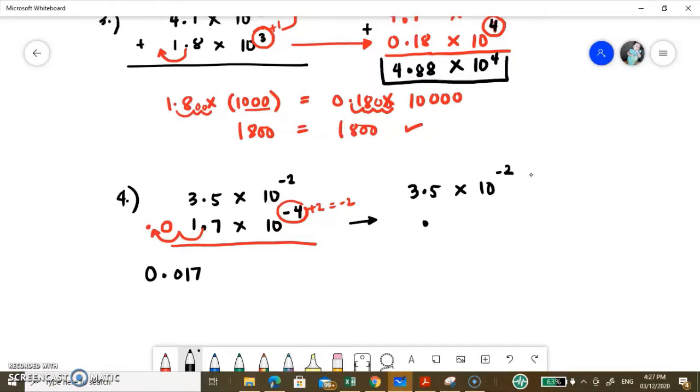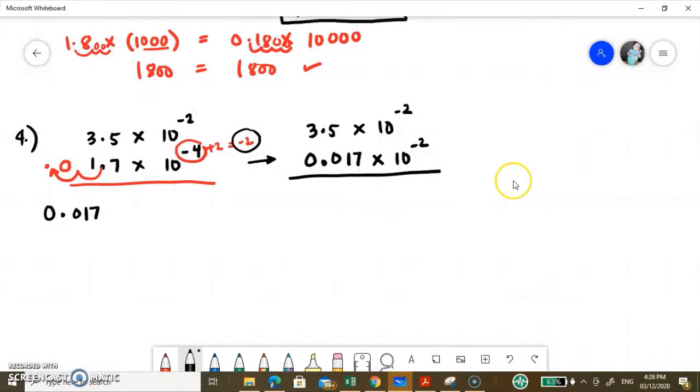Okay? Na given. So, align natin. So, 0.017 times 10 raised to negative 2 na siya. Okay? Magiging negative 2 na. Kasi nag-move na tayo ng 2 decimal places sa left.